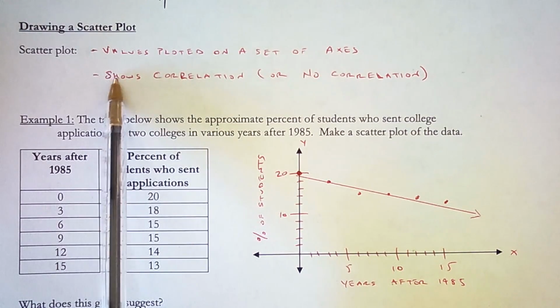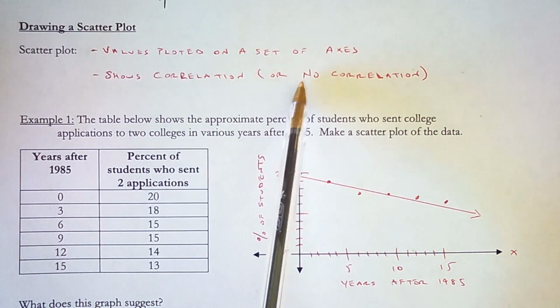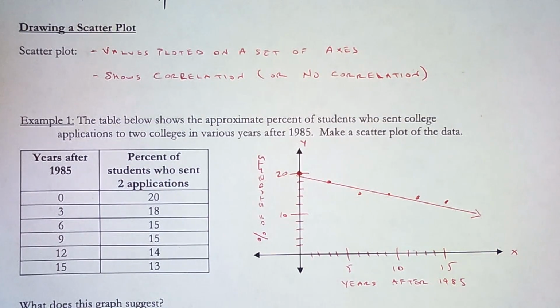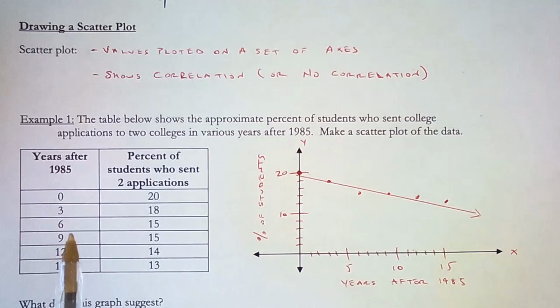A scatter plot shows correlation, or it could possibly show that there is no correlation. So here is a scatter plot for this data. The table is showing the approximate percent of students who sent college applications to 2 colleges in various years after 1985. So year 0 would be 1985. That is 0 years after 1985.